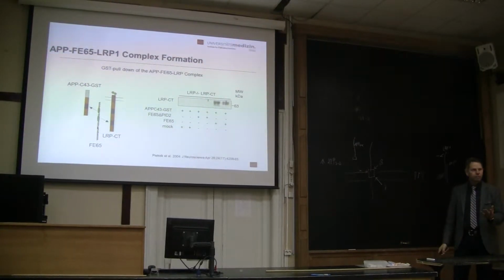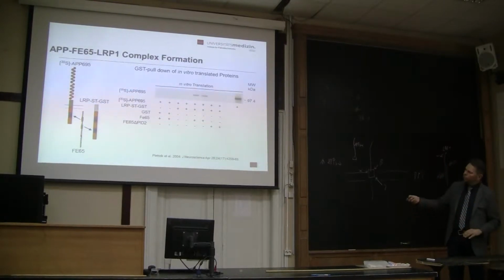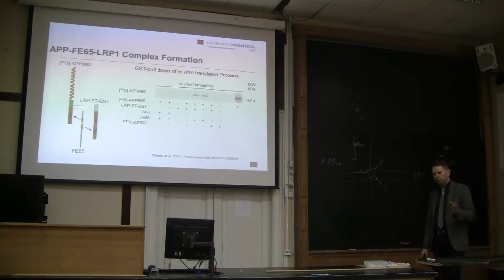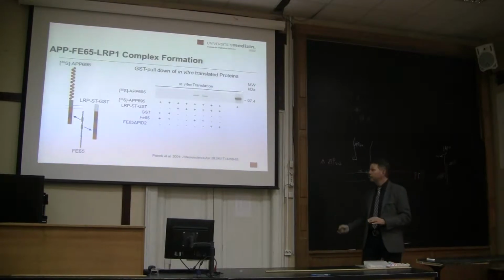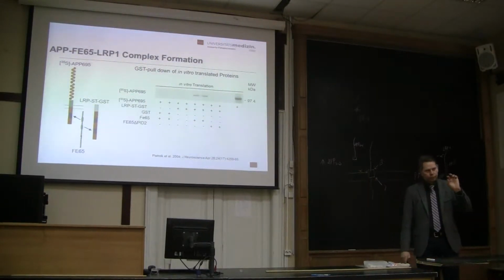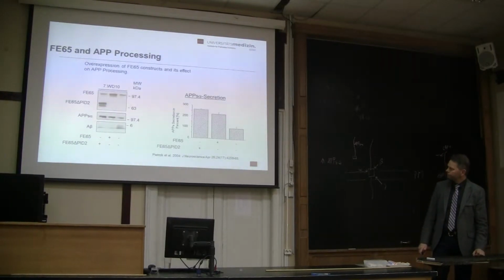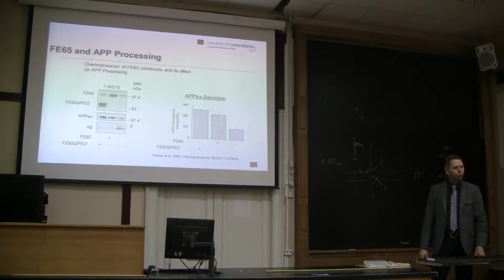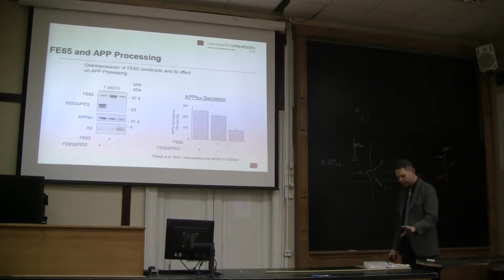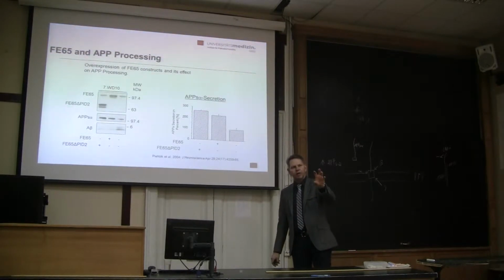Meaning, a tripartite complex out of these three proteins. Then we reversed the experiment, pulled with an LRP construct, and saw APP coming down. This is on a radiolabeled basis. Same result. So those three are in a tripartite complex.